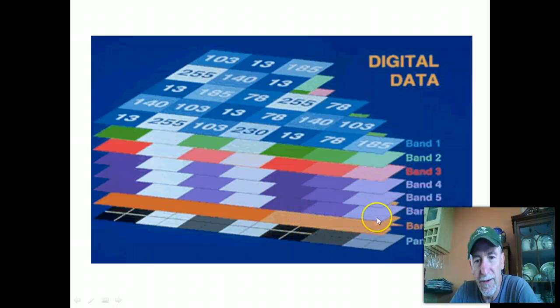Here you can see a 30-meter resolution pixel, and then what appears to be a 120-meter resolution thermal pixel, and then a 15-meter panchromatic pixel.